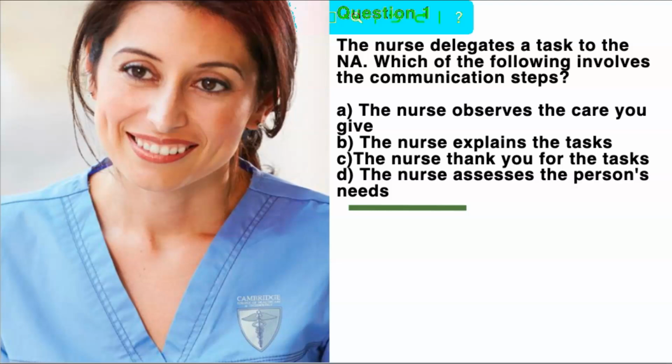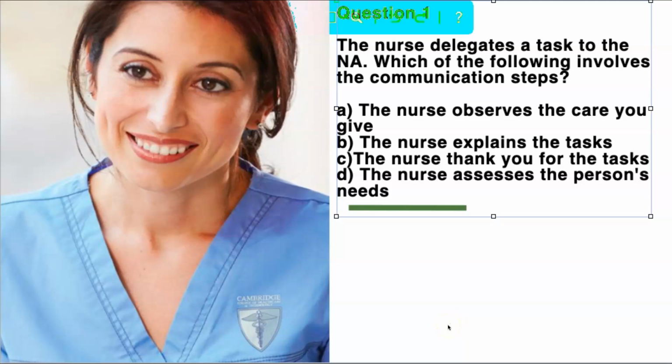A, the nurse observes the care you give. B, the nurse explains the task. C, the nurse thanks you for the task. And D, the nurse assesses the person's need.